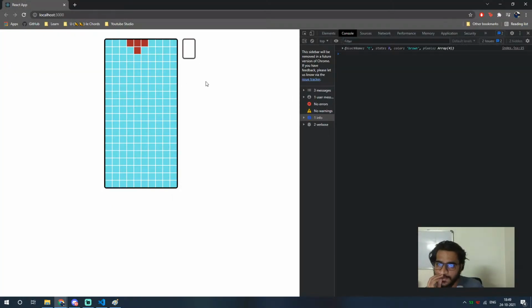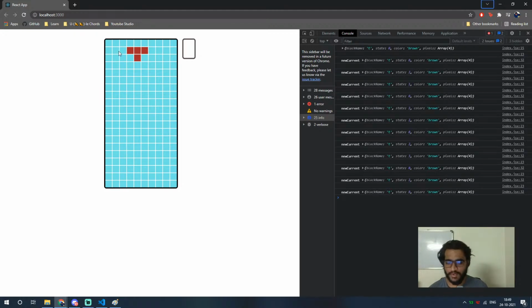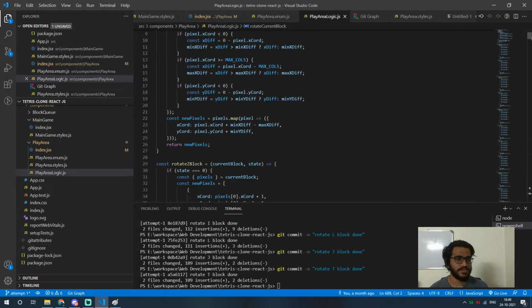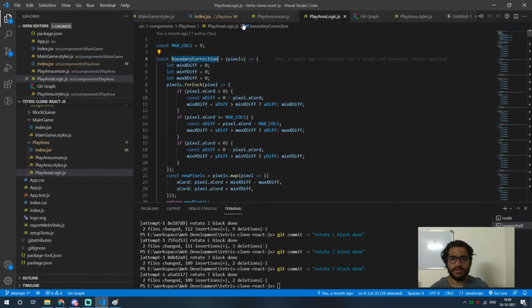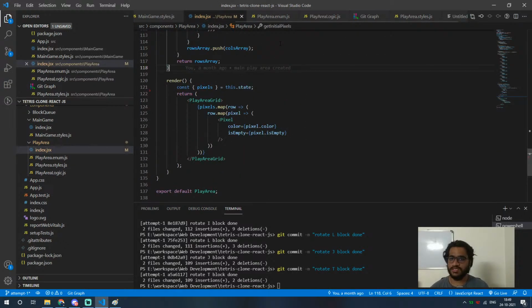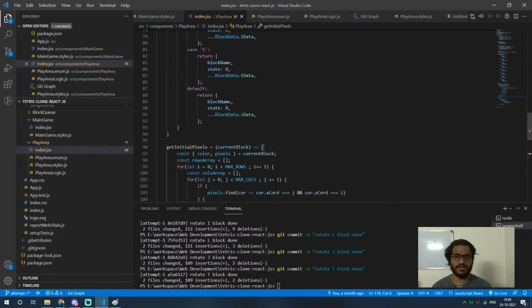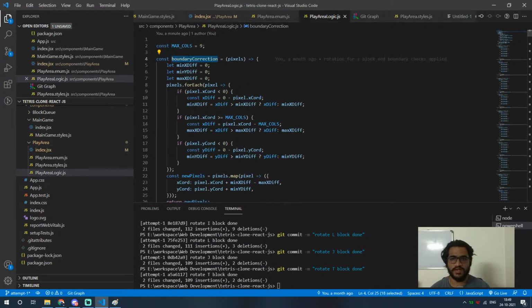So for now we have worked with rendering the first block and rotation with boundary correction. The boundary correction is also ready to go. We'll be needing this boundary correction in other aspects of our project too, but for now let's keep it in the logic.js file.